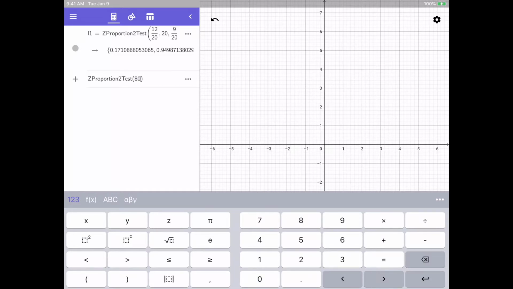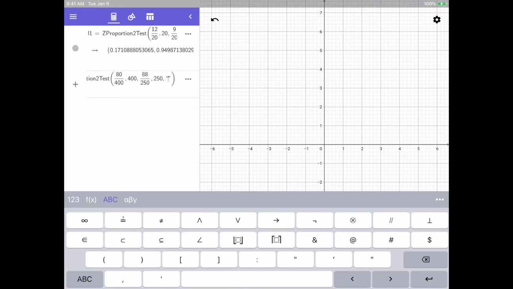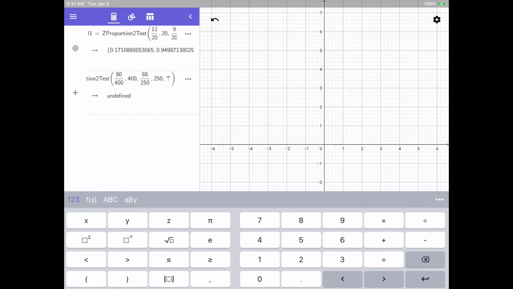My first group had 80 out of 400, sample size of 400. The second group was 88 out of 250 with a sample size of 250. I can go over to the ABCs and the symbols to get my quotation marks. And this was a less than test.